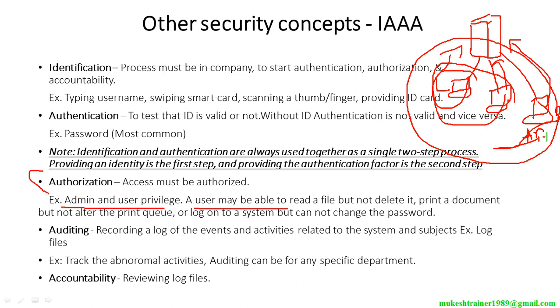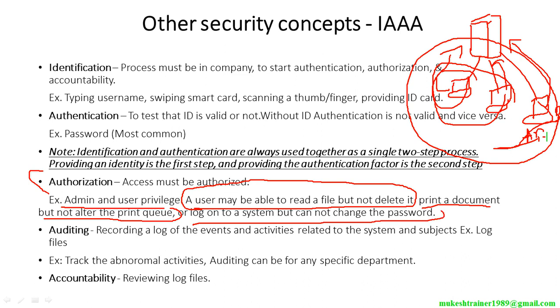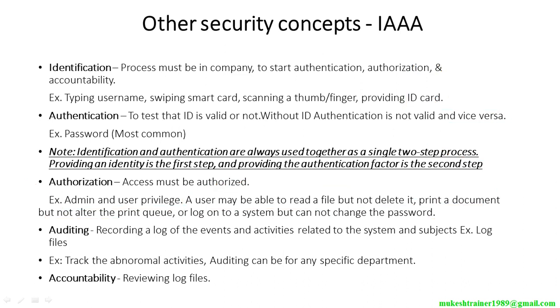A user may be able to read a file but not delete it, so this user has only reading authorization. He can print a document but not alter the print queue, and log on to a system but not change the password. So user 1, for example, can log on but cannot change his own password, whereas user 3, I have authorized him to change the password. That is called authorization.